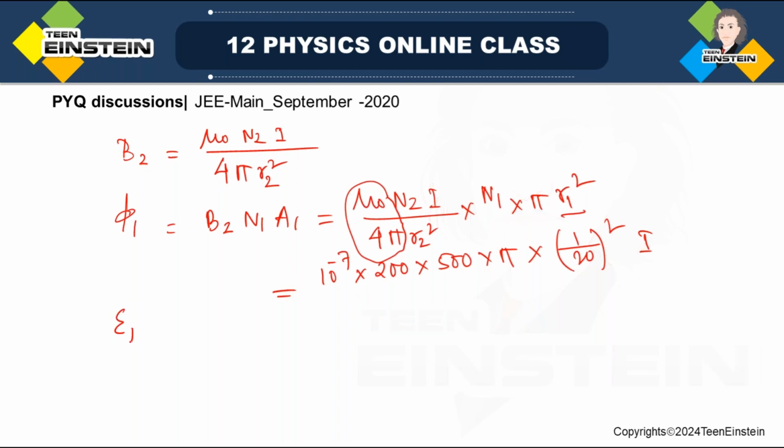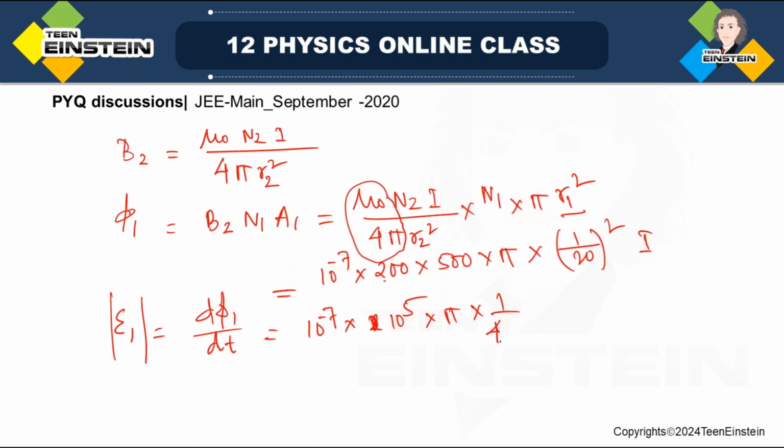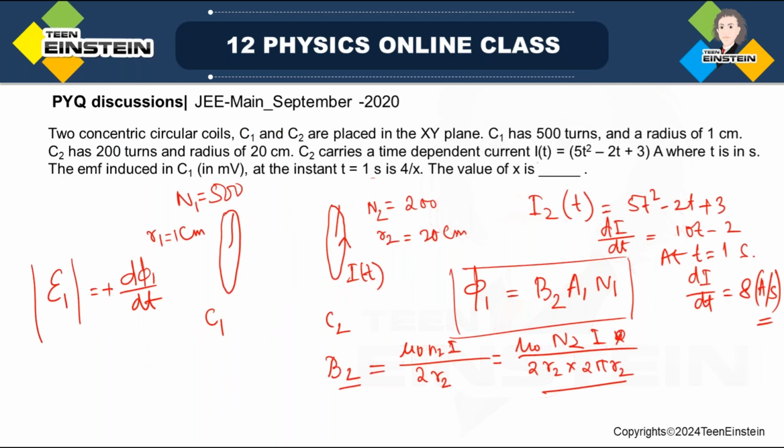Now I have to find out E1, the mod of d phi 1 by dt. All the factors in this will be constant, so no need to worry. So this will be 10 to the power 5 pi, and this I can write 400, and this is di/dt. Look at the first page.